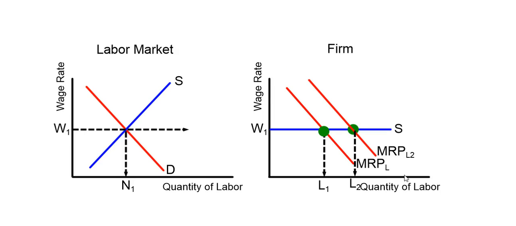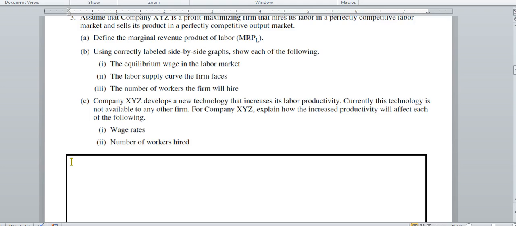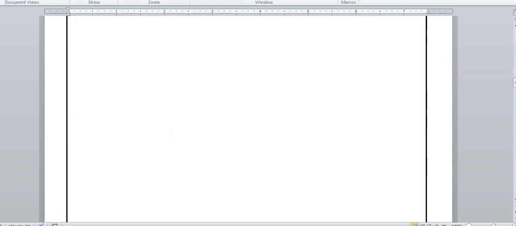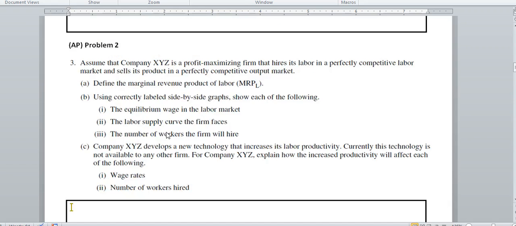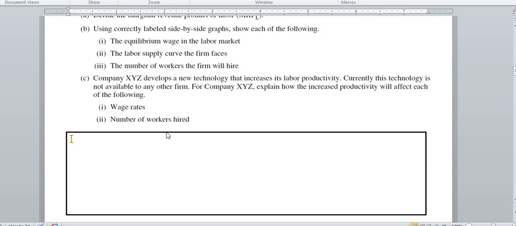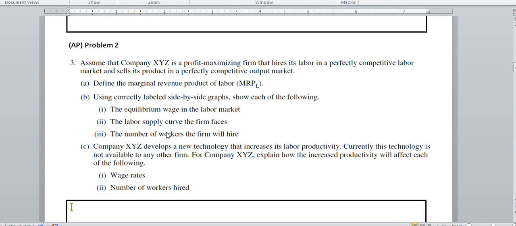So that's what happens if an individual firm is able to develop a system that makes every one of its workers more productive. Okay, and I think that takes care of problem 2. Let me make sure. Yeah, that's everything for that. Okay, all right. Stay tuned for problem 3.